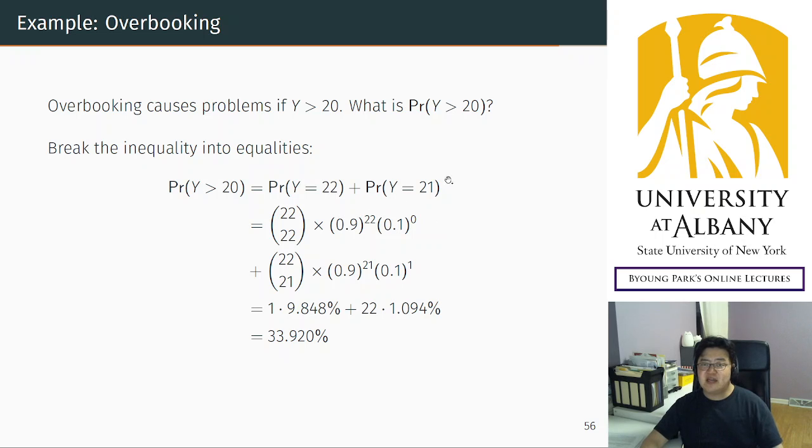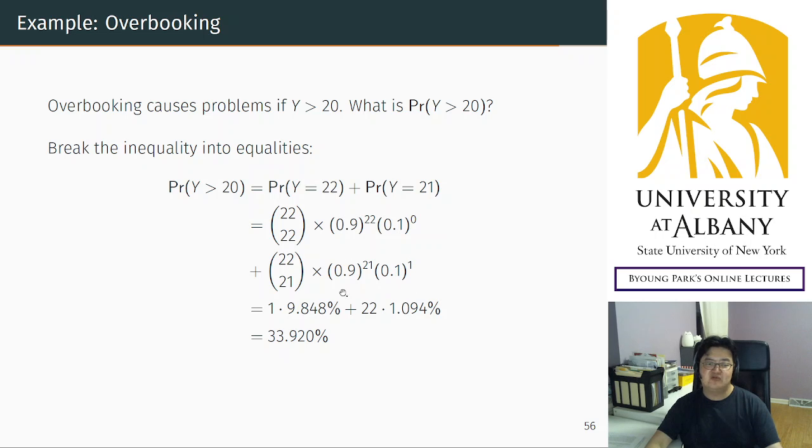In the second case, you are choosing 21 out of 22. So among 22 reservations, 21 are not canceled. What is the number of possible combinations? That is multiplied by the probability of a single outcome: the probability of non-cancellation happens 21 times, and cancellation happens only once.